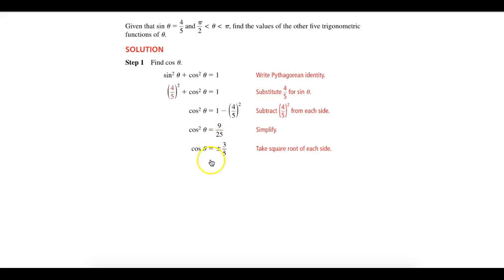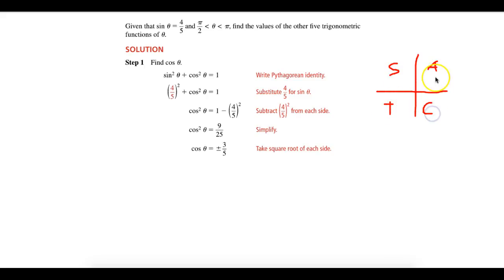Now, here's where having this range is helpful. We need to figure out what the sign of cosine is. So if you remember, we showed that this is in quadrant 2, and we've got our little acronym that we use. So remember, it's All Students Take Calculus.